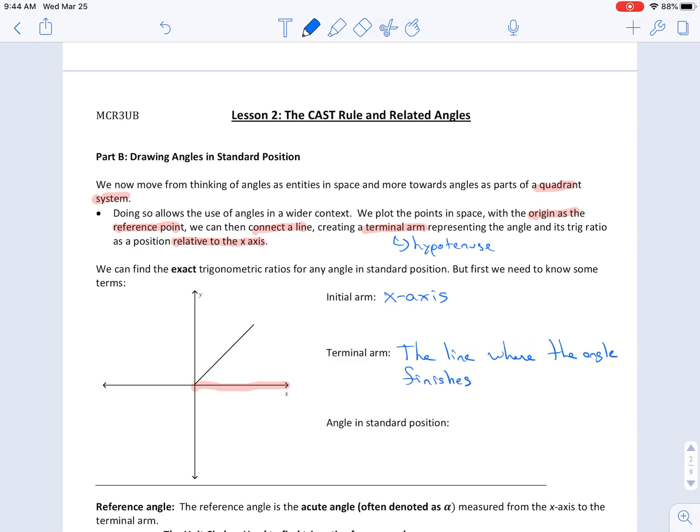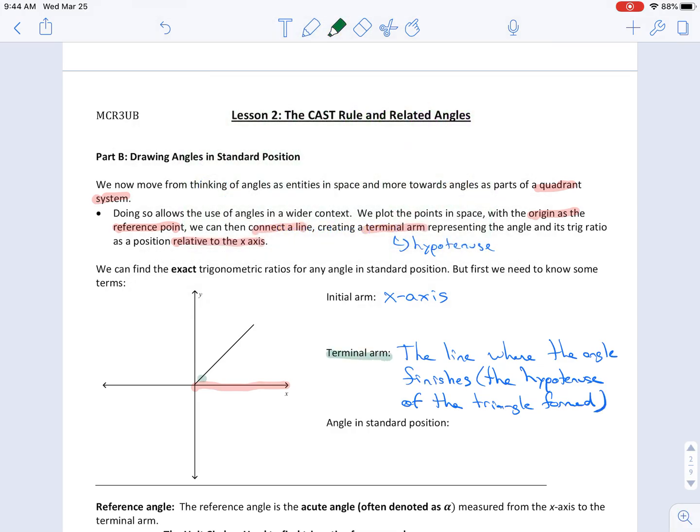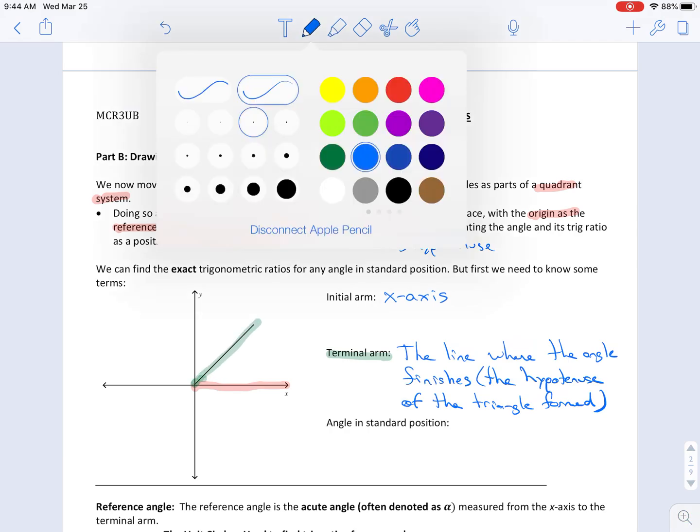It could be just in the first quadrant, but it could be in any quadrant. And again, that's the hypotenuse of the triangle formed. So this guy here is my terminal arm.